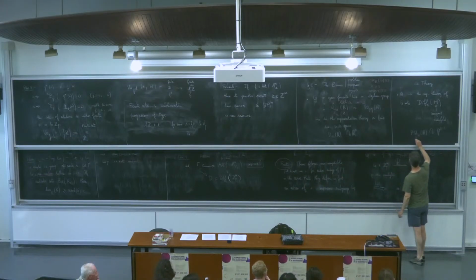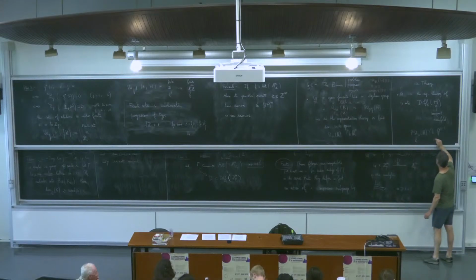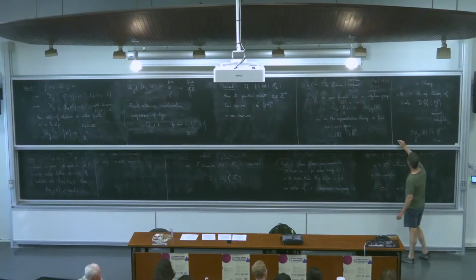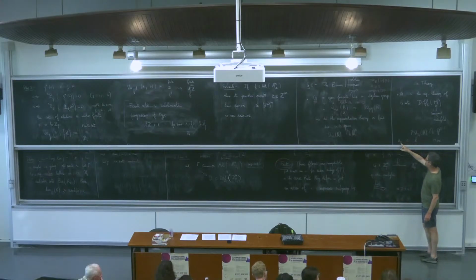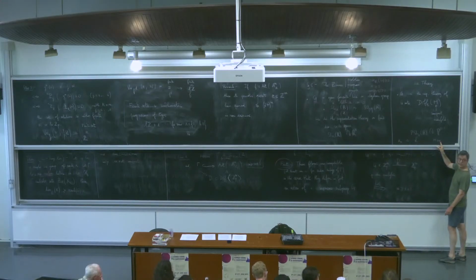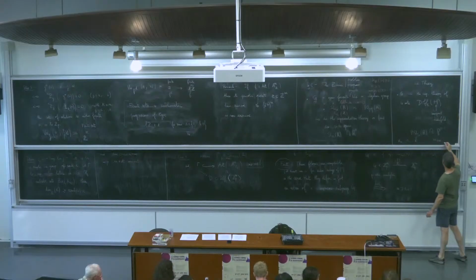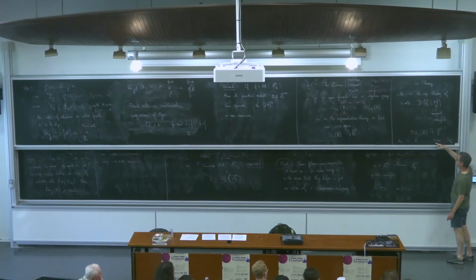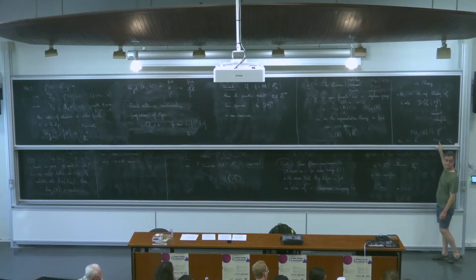So here I have the maximal compact subgroup K acting on M. I pick a point X, and I look at K_X in K, the stabilizer of X. Then the orbit of X is K divided by K_X, and its dimension is less than the dimension of M. So the codimension of K_X is less than the dimension of M.